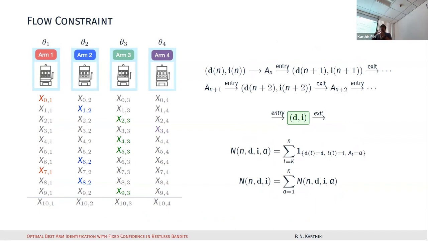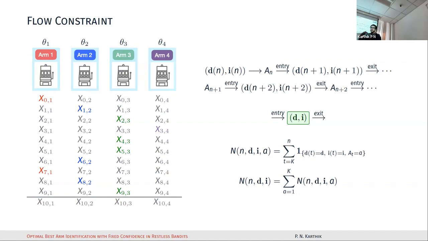So this particular state action process has something going on inside it trivially, which is just a very keen observation, which is anytime there was a dn, in, there was an action an which was chosen, the system entered a state dn plus 1, in plus 1, action an plus 1 was chosen, the system enters a state dn plus 2, in plus 2, and so on.